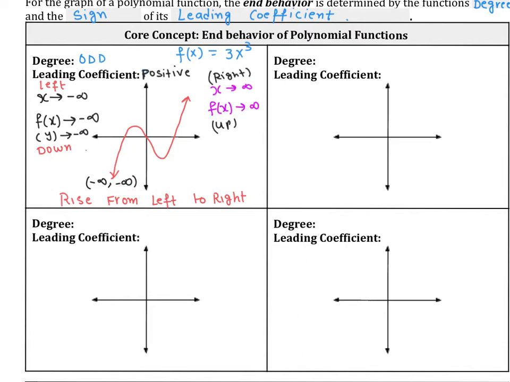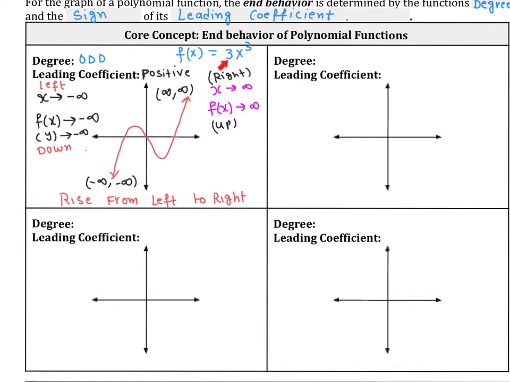Now, if you look at the right side of the graph, x is approaching positive infinity, and it's going up and up and up. It means y is approaching positive infinity. You know that f of x is the same as y. So this arrow is approaching infinity, infinity: from the x side it approaches infinity, and from the y side it approaches infinity as well.